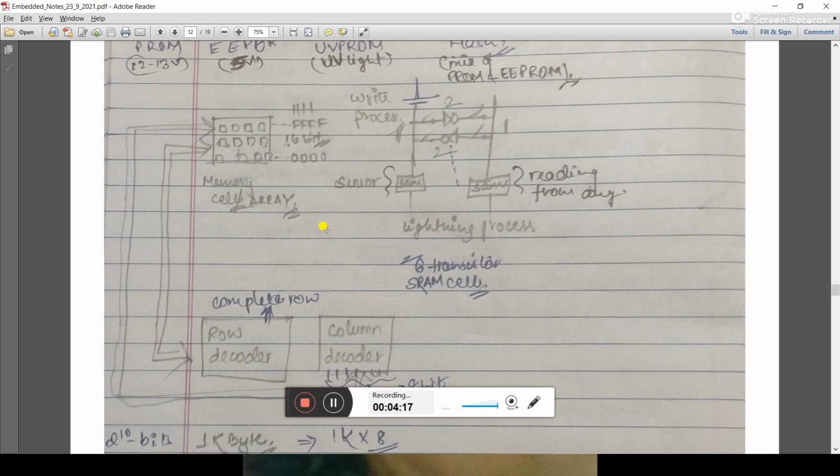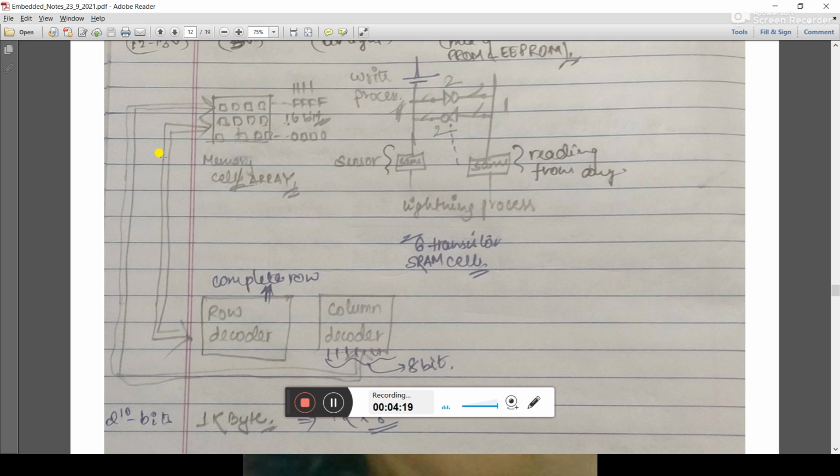In the next part we have this memory cell array. These are the memory cells, small cells capable of containing one unit of digital data, meaning only a single bit. There are a row decoder and a column decoder, which are needed for accessing the memory.